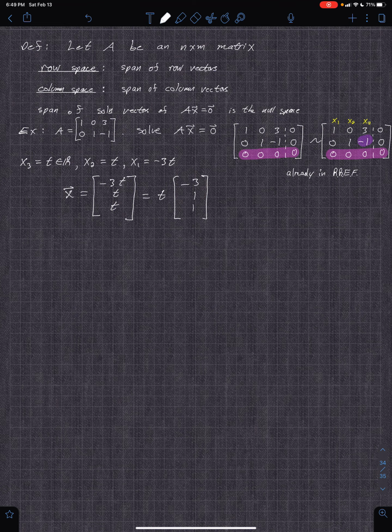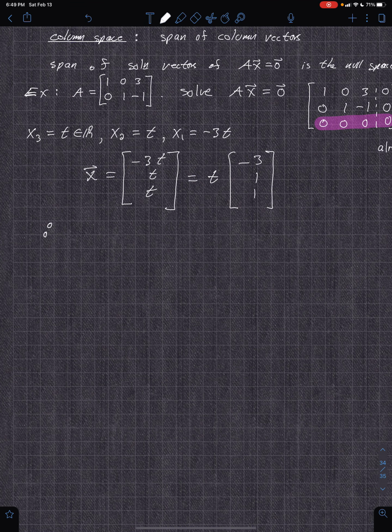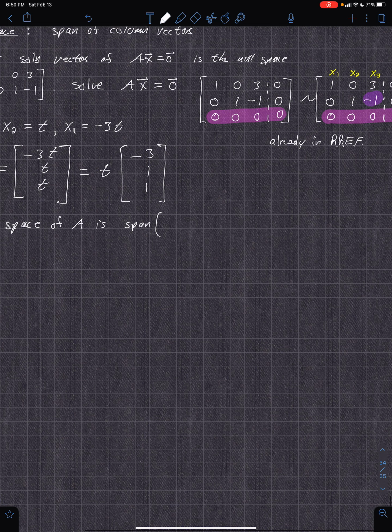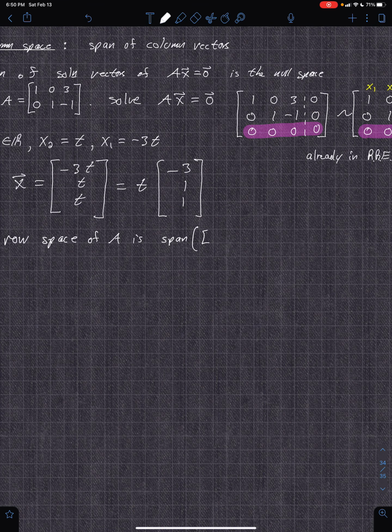So the row space of A is the span of all of those. You write down 1, 0, 3, and then 0, 1, negative 1.